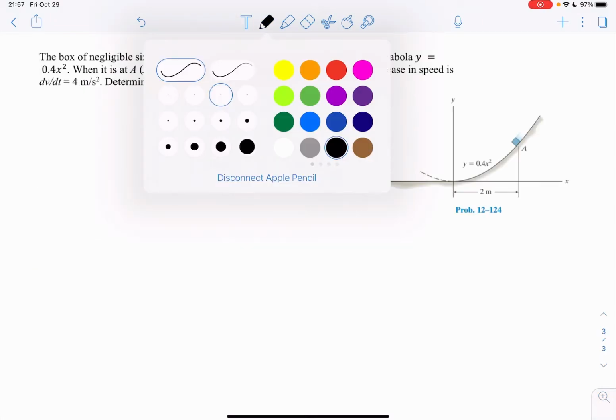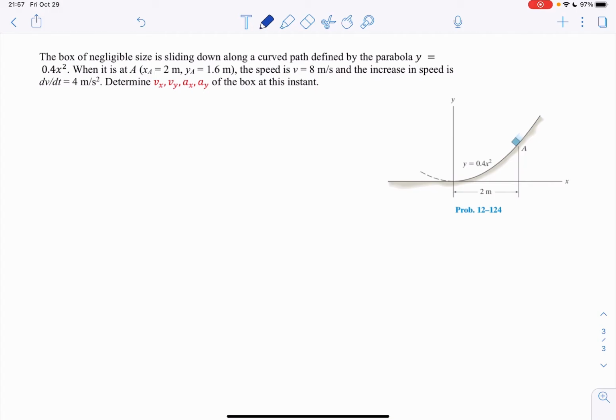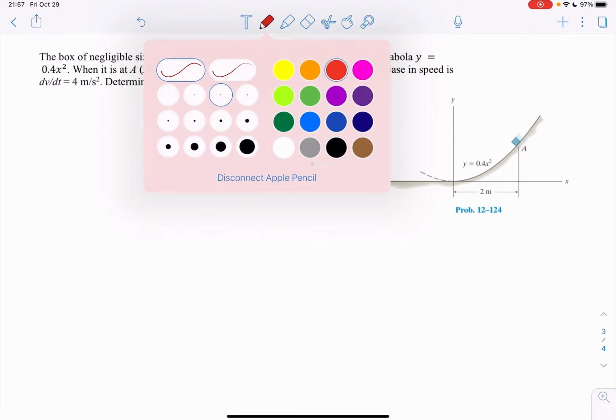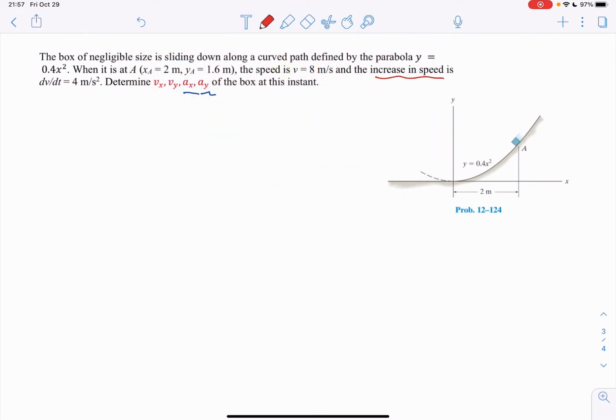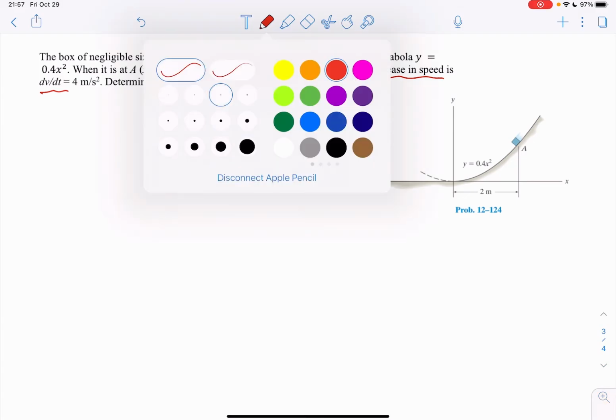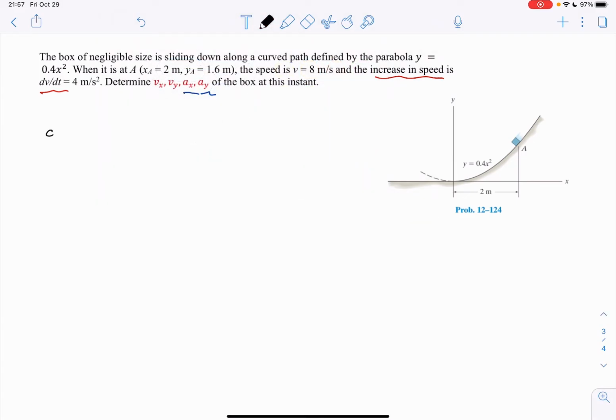So now we are going to calculate ax and ay, the x and y components of the acceleration. From the data given by the problem, we know the increase in speed, dv over dt, which is the acceleration, is right down here. We are asked to calculate ax and ay.